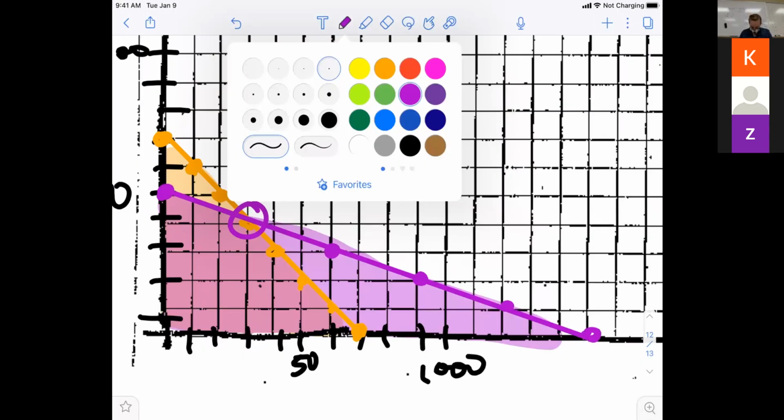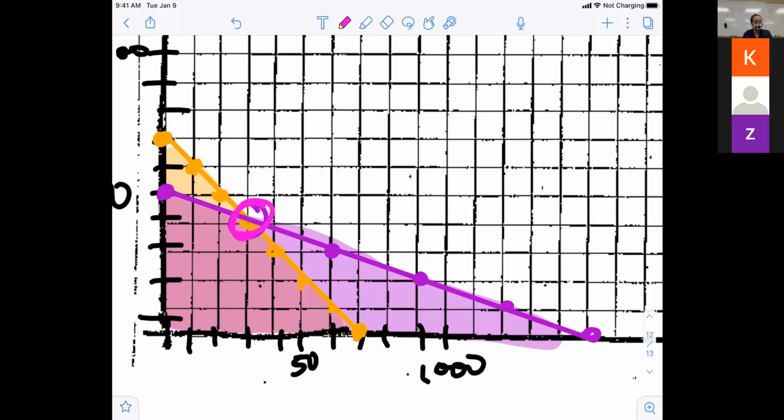So from here, I need to see which points I have to use in order to check what my profit is. I see this one right here where the orange and purple cross. That's at 10, 20, 30, 40. So 30, 40 is definitely a point I need to check. I also have two more points that are on the axis. Do you see how this point is both in the purple and the orange?